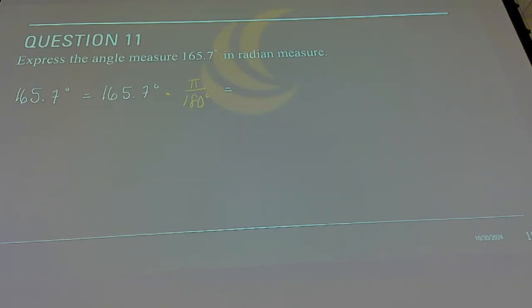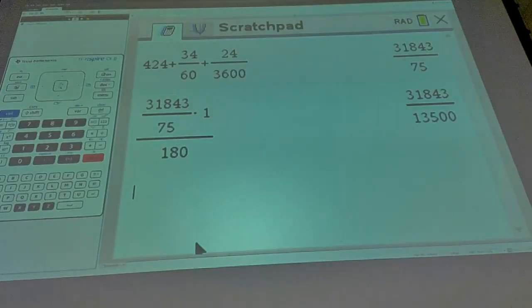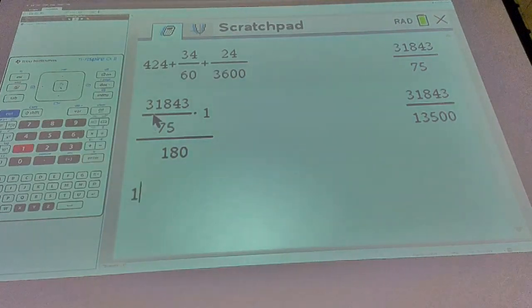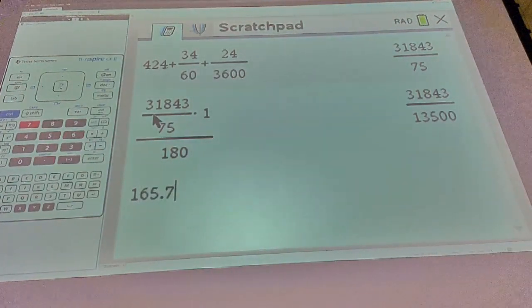So this is where rounding rules are going to be necessary. 165.7 divided by 180. How many decimals, how many digits am I going to want?